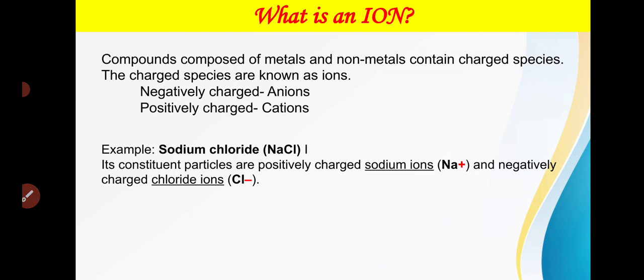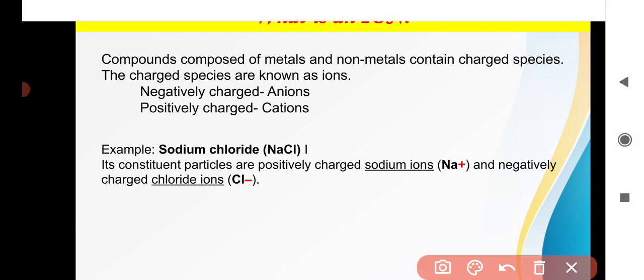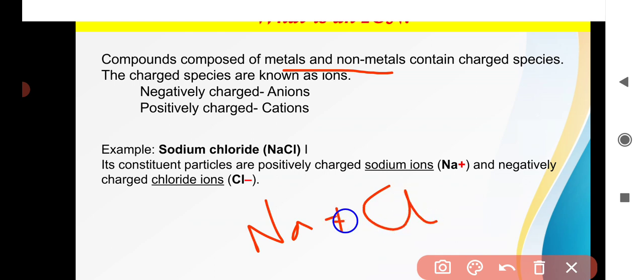What is an ion? An ion can be defined as the charged species of metals and non-metals which are present in their compounds. For example, if you see sodium, which is a metal, and chloride, which is a non-metal, when you combine these two they form NaCl.